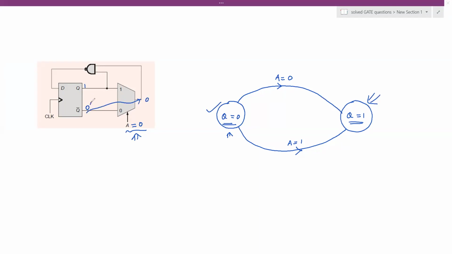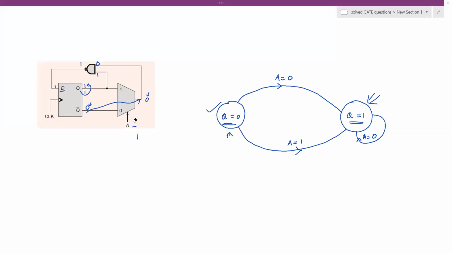That is logic 0 comes here, which is the input here. Then 1 is here. Then output here is 1, D is 1, and the Q remains 1 because the D input is 1. So present state of output is 1, and the next state of output is also 1. So we can say that for A equal to 0, present and the next states of the D flip-flop output remain same.